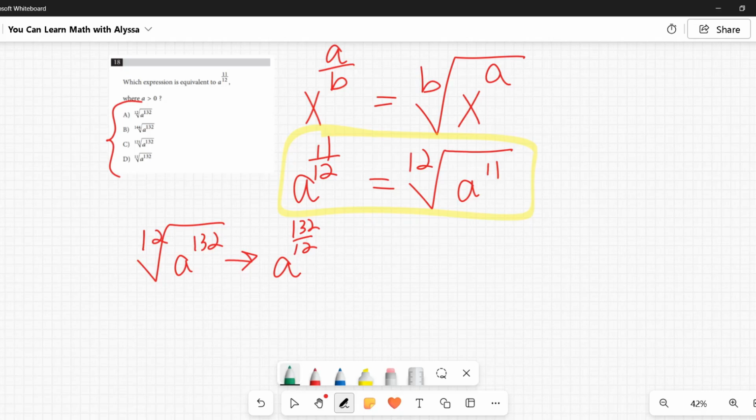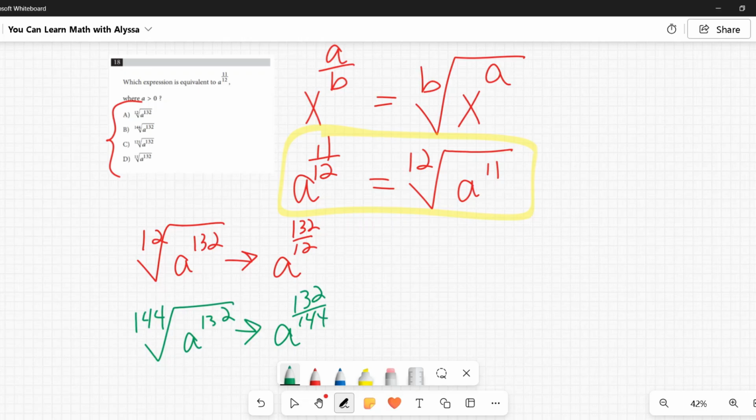Then our next one is the 144th root of a to the power of 132, which would be a to the power of 132 over 144. Next one is the 121st root of a to the power of 132, and that would be a to the power of 132 over 121.